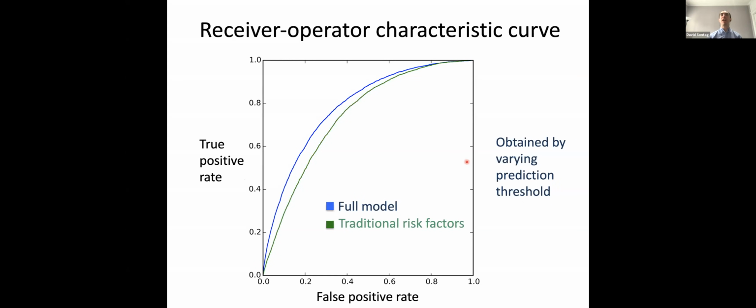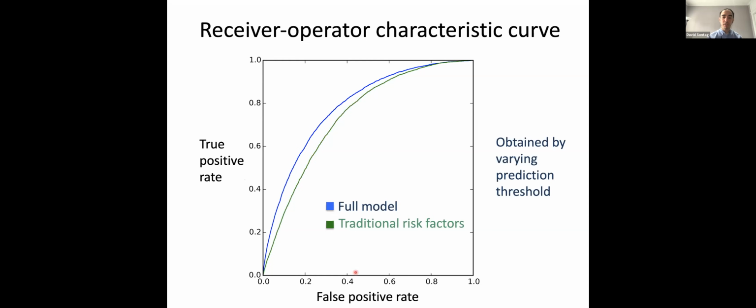We need to understand, as a function of the number of people we can actually reach out to, how many of them might actually have poor outcomes according to the predictions made by this algorithm. To characterize that, we use what's known as the receiver operator characteristic curve. You'll see this often in the machine learning literature under the acronym ROC curve.